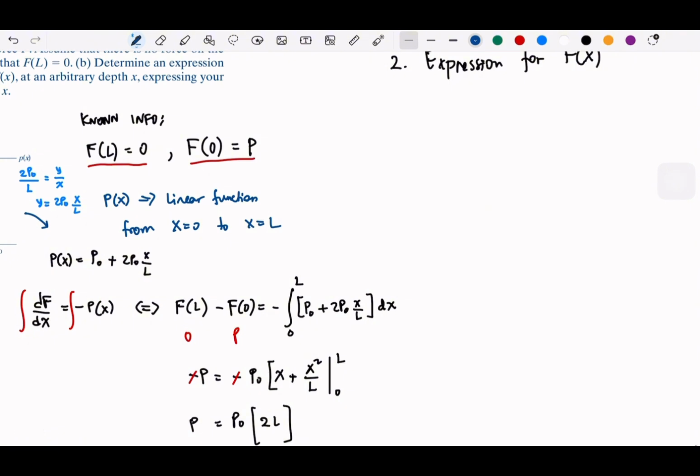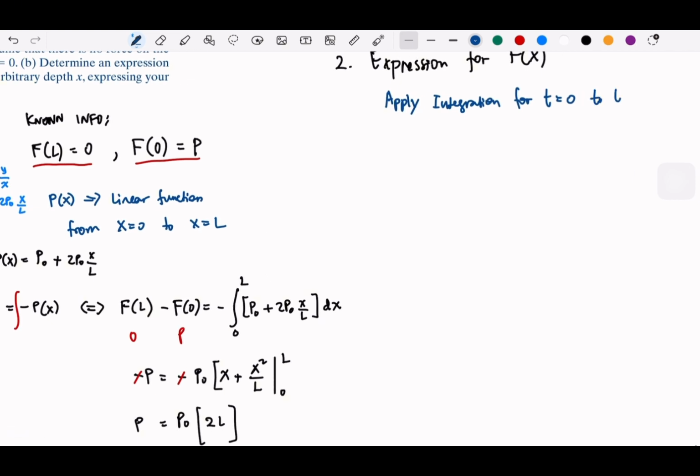So apply the same equation, integration for t equals 0 to t equal x, because we would like to know exactly the equation for f of x.